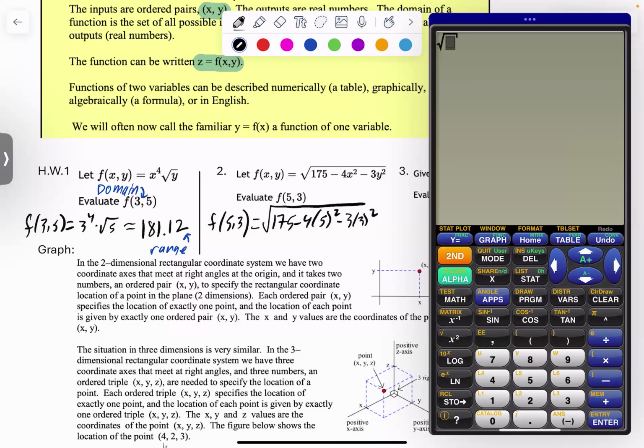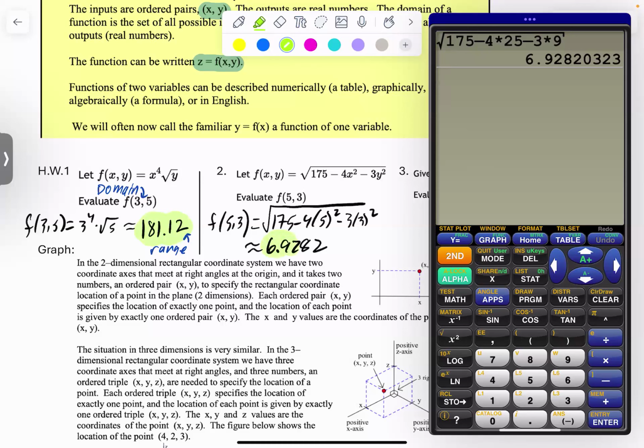So we have the square root of 175 minus 4 times 25 minus 3 times 9. And we're getting about 6.9282. Should probably highlight these as our answers.